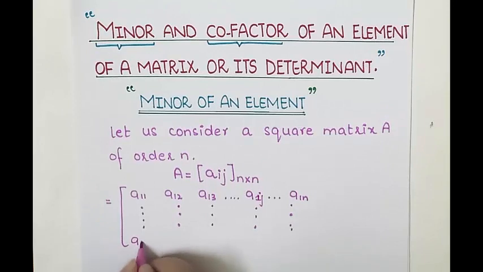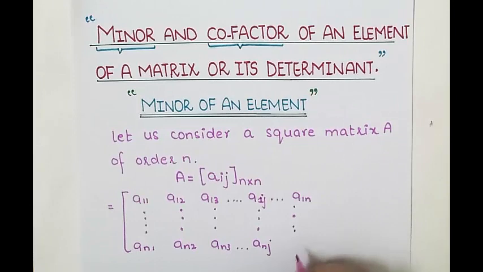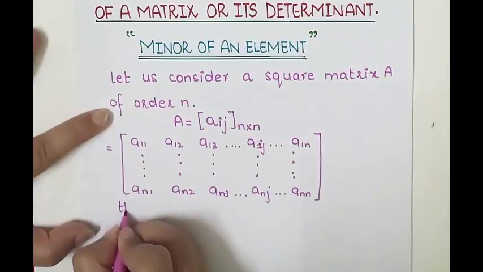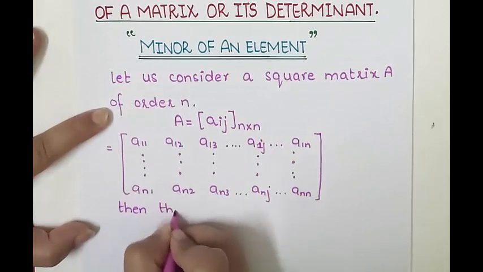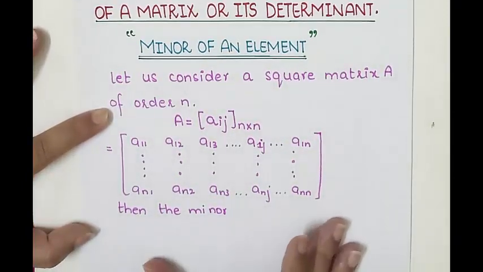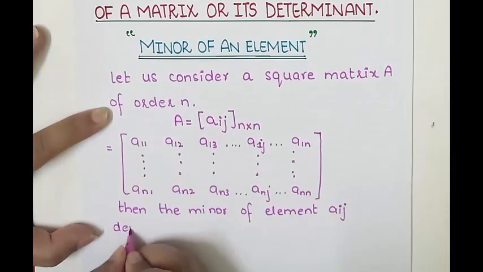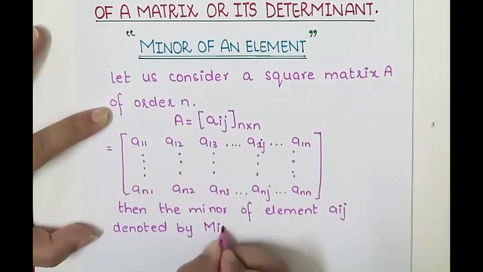We can write An1, An2, An3, up to Anj and Ann. Then the minor of an element Aij, we denote the minor as Mij.